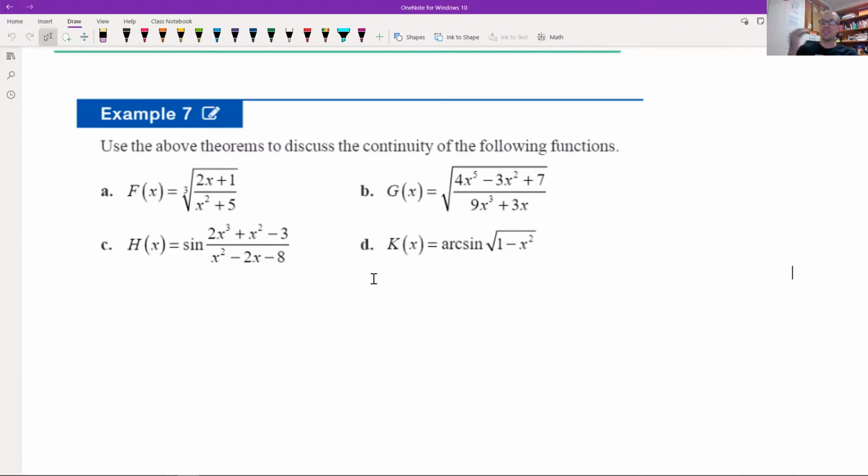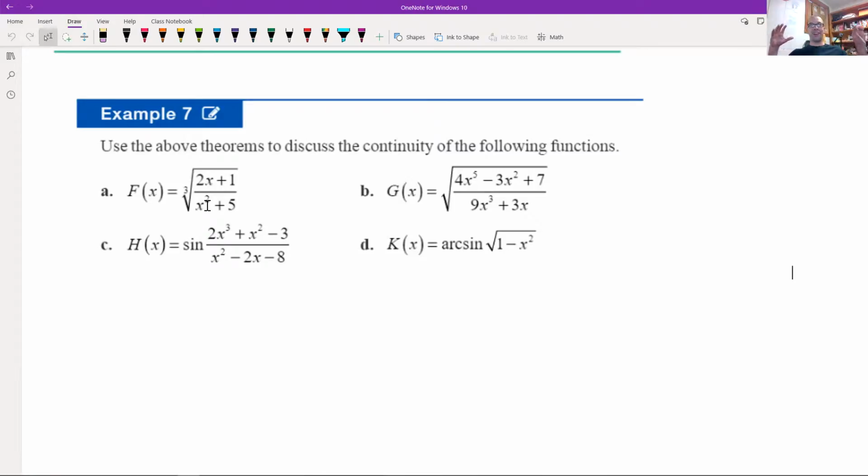It might have discontinuous points when the denominator is equal to 0, but notice that x squared plus 5 is always going to be positive. X squared is always going to be a positive number. 5 is always a positive number. So this denominator is never going to be 0. And so this rational function is continuous for all real numbers.